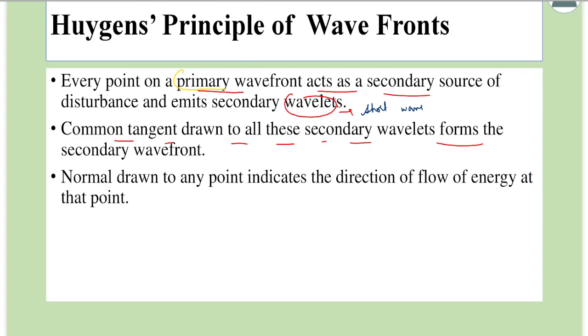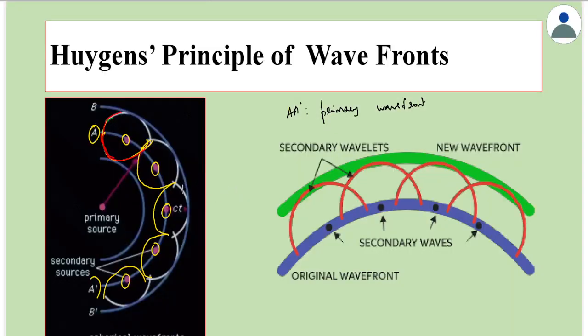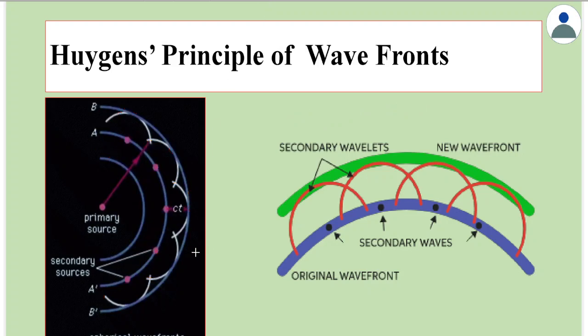The second point is that a common tangent drawn to all these secondary wavelets forms the secondary wavefront. If we draw a common tangent connecting them, what we get is the secondary wavefront. In this case, B dash is called the secondary wavefront.